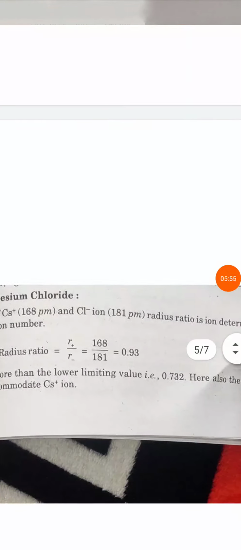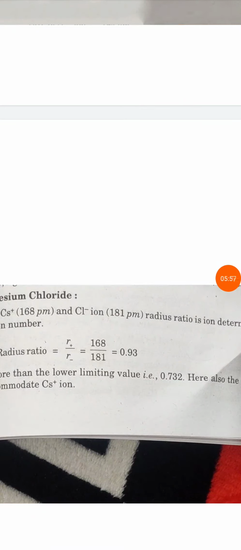The radius ratio, that is radius of cation divided by radius of anion, is 0.93, and this value is more than 0.732. Hence we can say that the structure opens up to accommodate cesium ions.